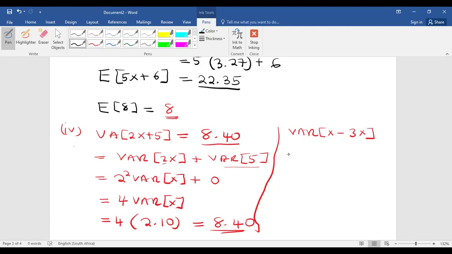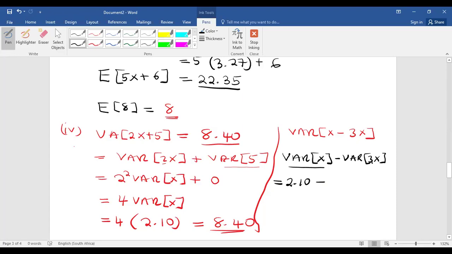So we are applying the linear property. This can be written as variance of x minus variance of 3x, like that. Then variance of x, we know that is 2.10.